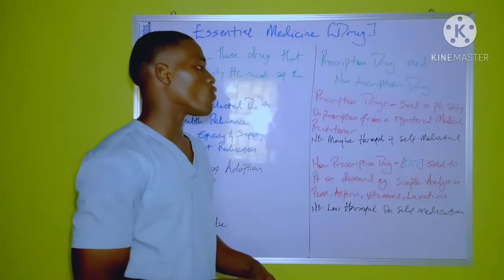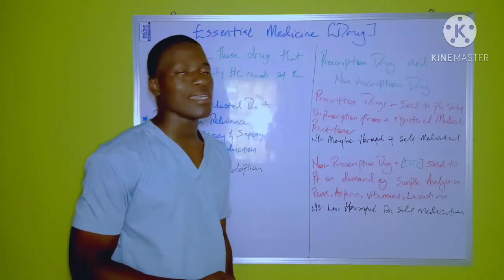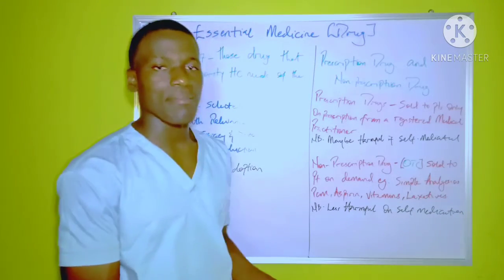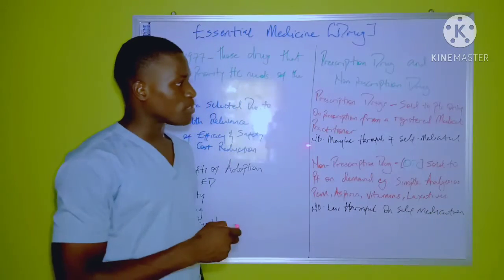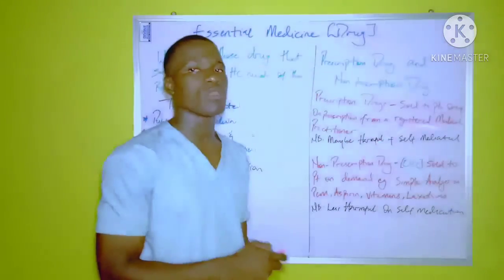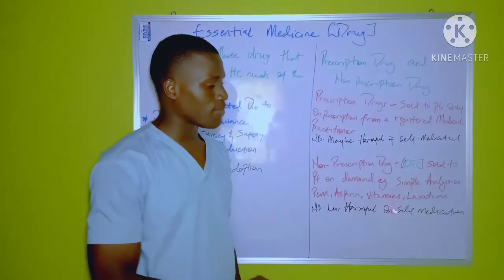And these drugs sold over the counter are sold to patients on demand. That means when the patient needs them, you can go over the counter and get them because they are less harmful. But prescription drugs are considered to be harmful to the patients when misused, unlike non-prescription drugs, which are less harmful to the patient.